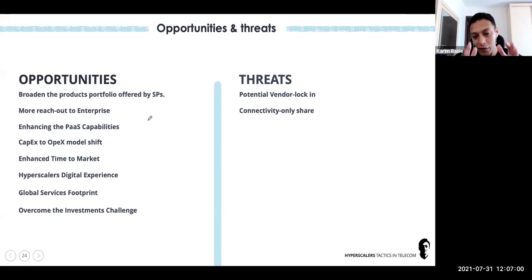If you are only providing connectivity and the rest of the value-added services are coming from hyperscalers, then you are in a risky position, because you see there are a lot of attempts from hyperscalers to achieve connectivity by satellites, by balloons. You see these initiatives. So the question is, what if the hyperscalers were able to get the connectivity without having a dependency on the mobile operator? What will be the game by that time?